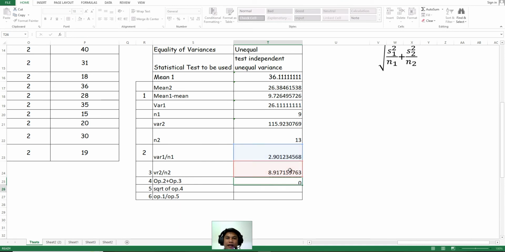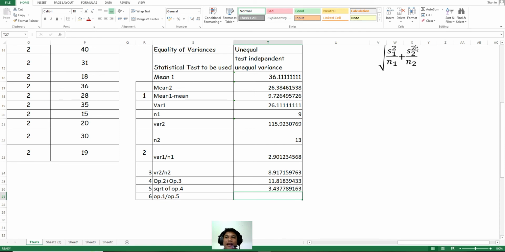After we add that, we have to get the square root, so that is equal sqrt, open parentheses, you enter operation 4 and then close. So that's the square root of operation 4.